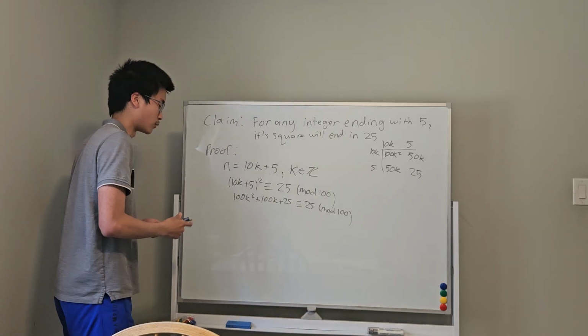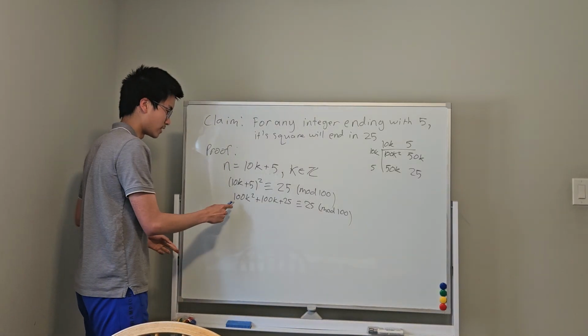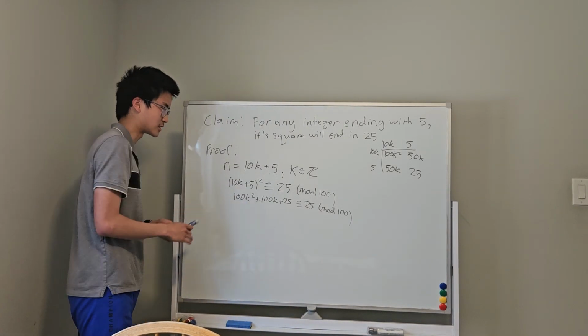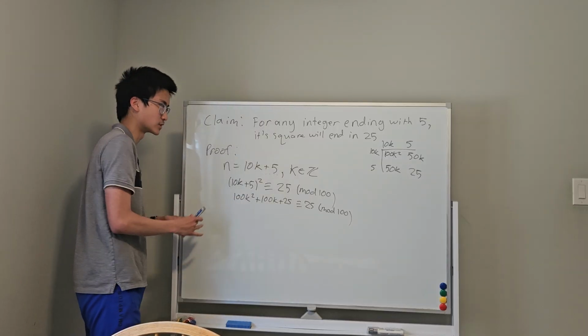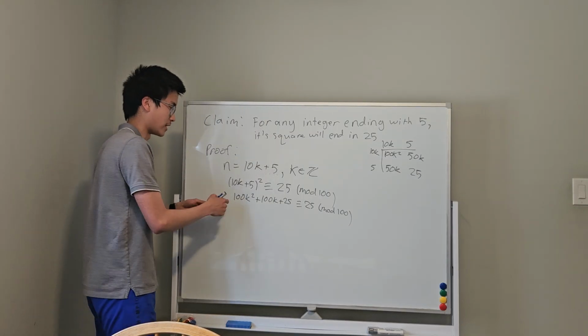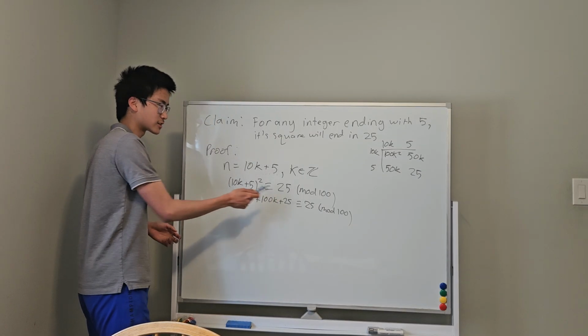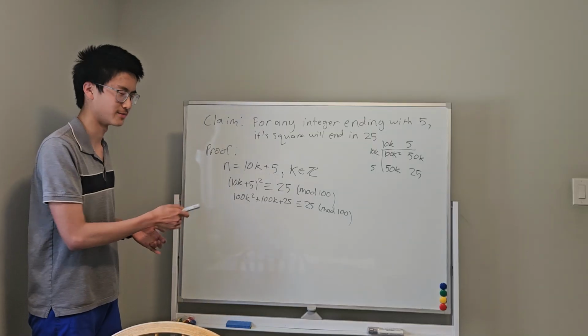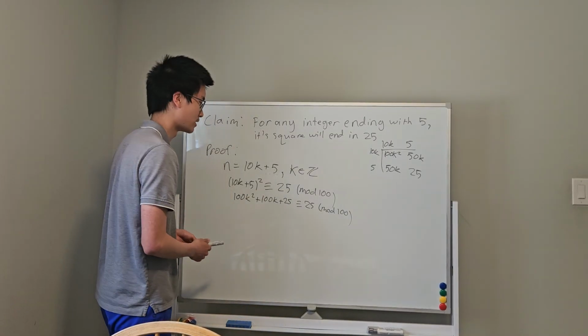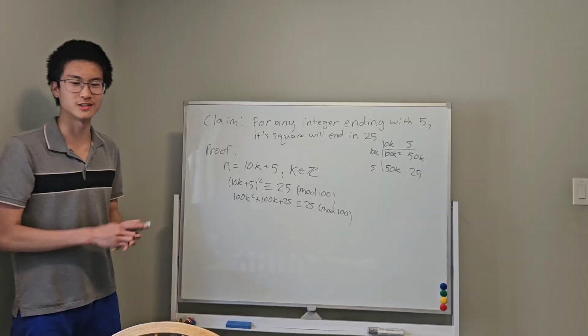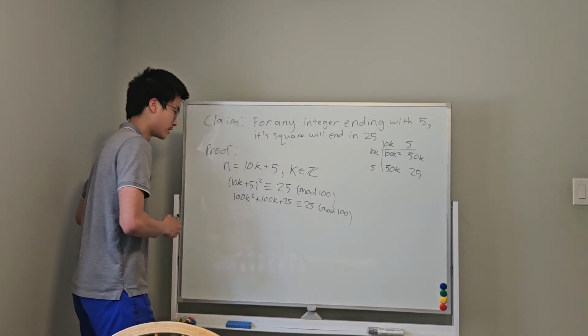All right, so what do we notice here? 100k squared is divisible by 100 because it has a factor of 100. And 100k is also divisible by 100 because it also has a factor of 100. While if you divide 25 by 100, your remainder will be 25.